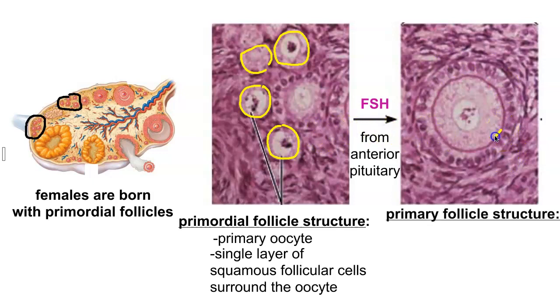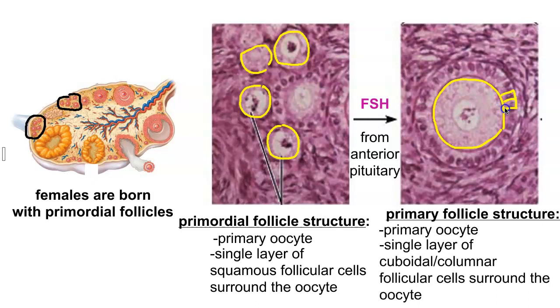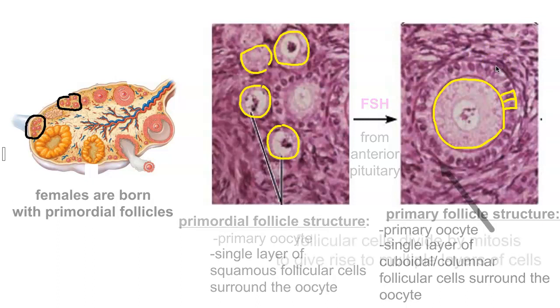Taking a look at the primary follicle, the oocyte is still a primary oocyte, but notice how the follicular cells are no longer squamous. They're now more cuboidal or columnar in shape. And so the primary follicle is much larger than the primordial follicle.